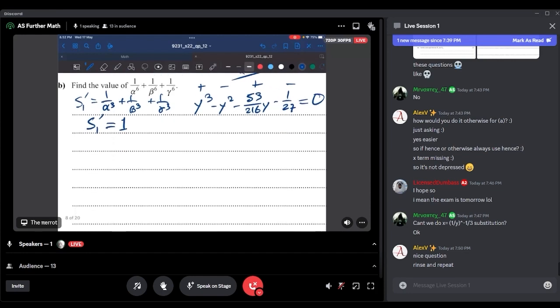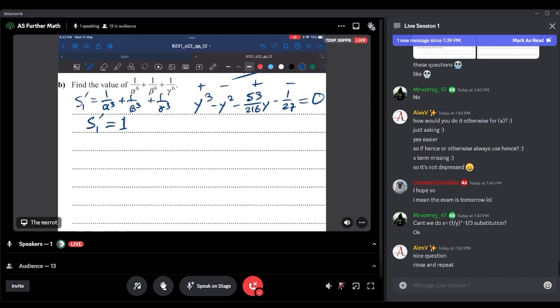And then you're supposed to find S2 here, S2 prime. But that requires the square of S1. So we have S1 prime squared minus twice the double product of roots, right? The double product of roots.